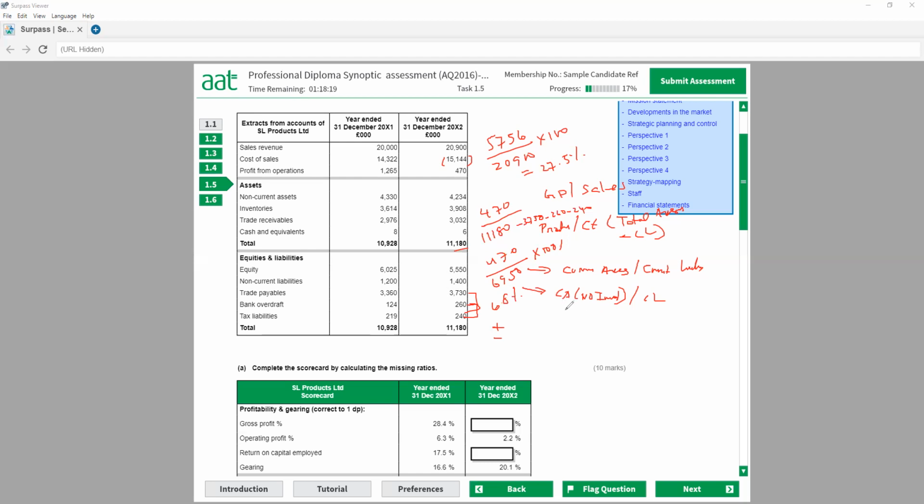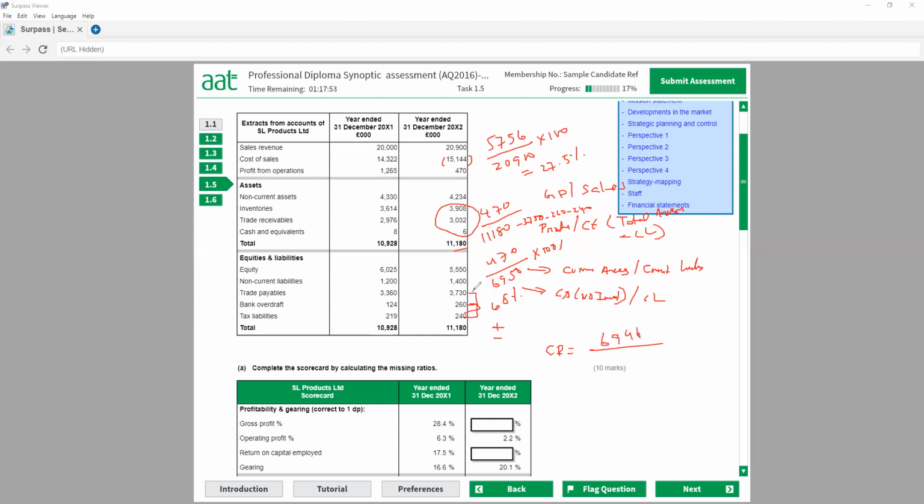And the next one, we have the current asset divided by current liability. The current ratio is current asset divided by current liability. For the current asset, we have 3908 plus 3032 plus 6, so my current asset is 6946.